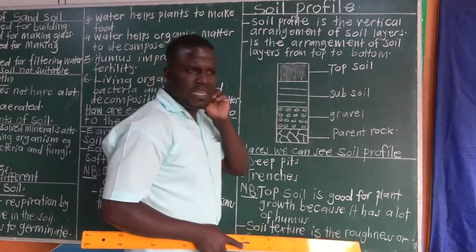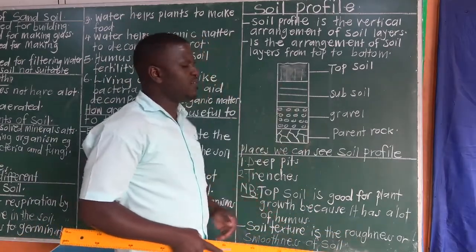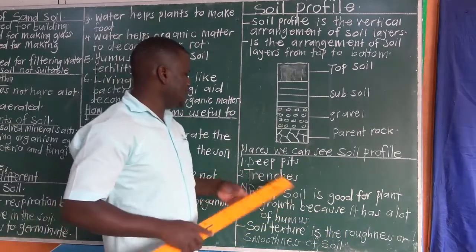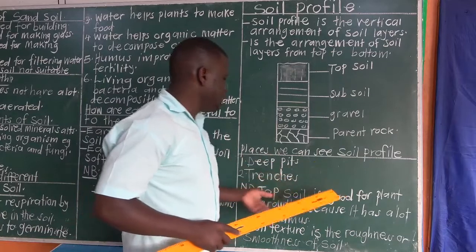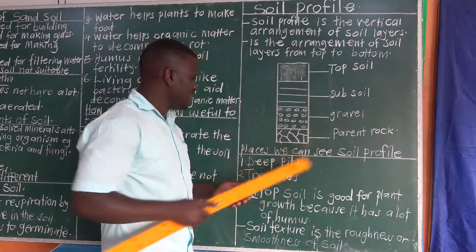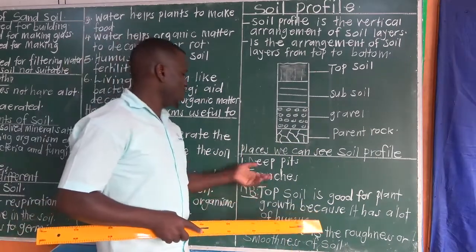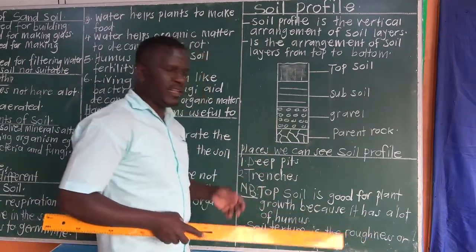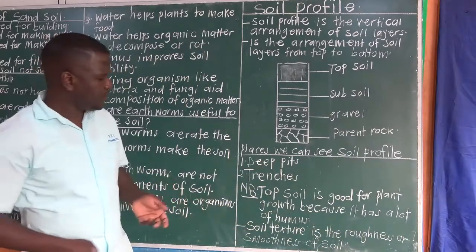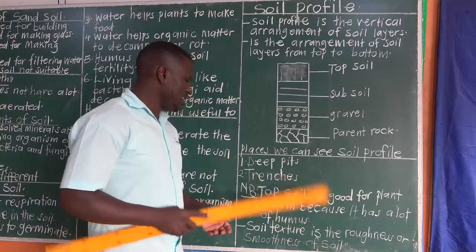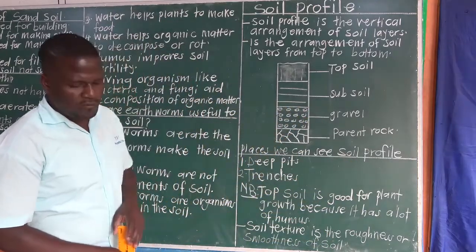When you dig a pit latrine, you can easily observe a soil profile. But it may not necessarily be a pit latrine. It can be any pit that is deep. You can observe these layers. Then we have trenches. You can observe a soil profile in trenches or gullies. And B, topsoil is good for plant growth because it has a lot of humus.